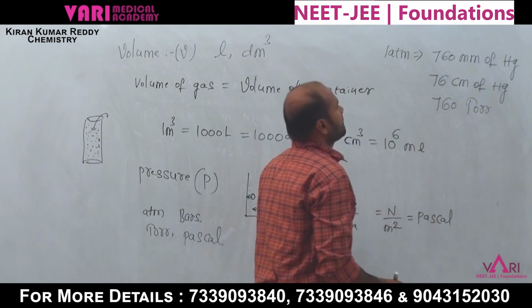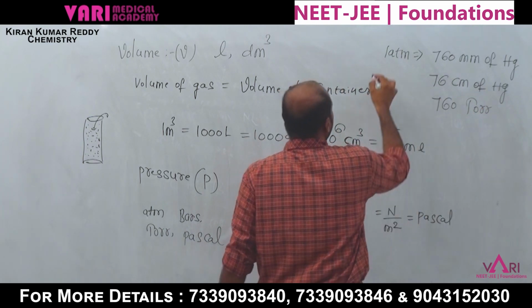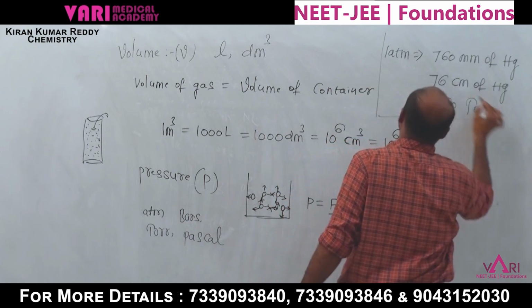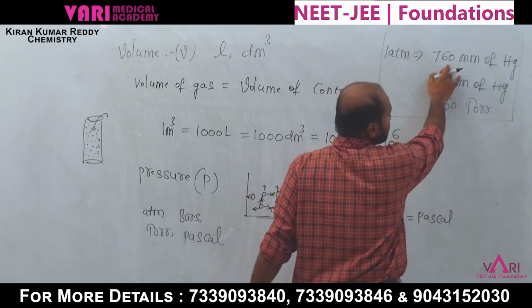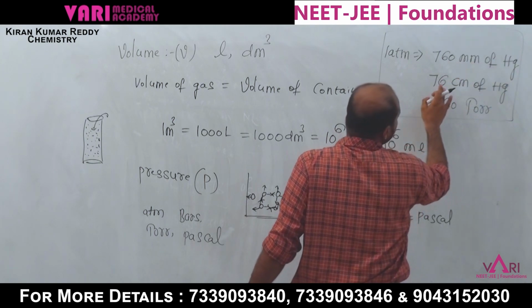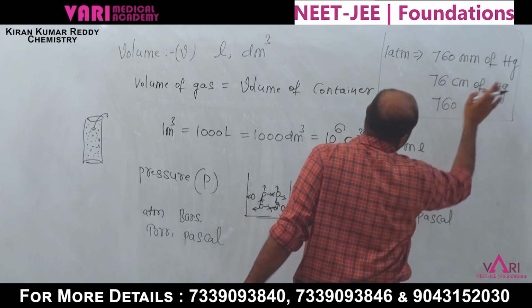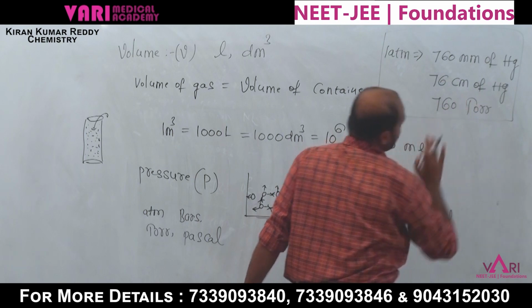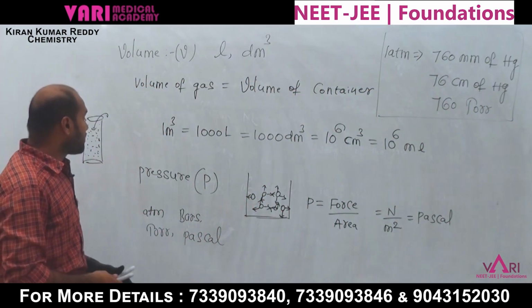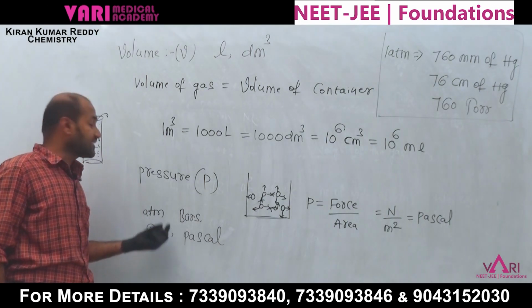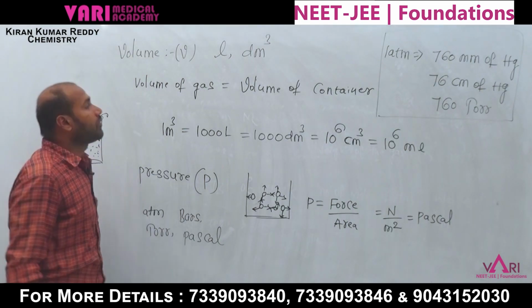So 1 atm is equal to 760 mm of Hg, 76 cm of Hg, 760 torr. Measuring the gas pressure is very important.